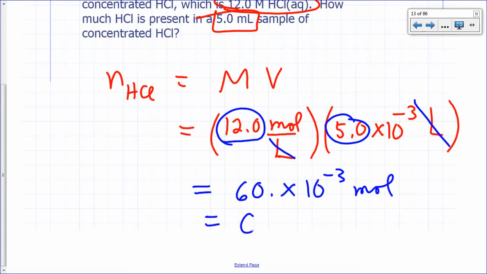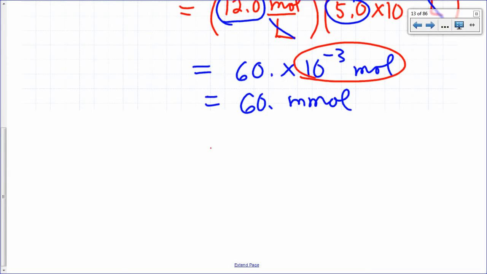Or you can say that's 60 millimoles, because 10 to the negative third moles is a millimole. So molarity times volume in mils, 12 times 5, 60. That's 60 millimoles. If you want it in moles, you just multiply this out, so that would be equal to 0.060 moles of HCl.